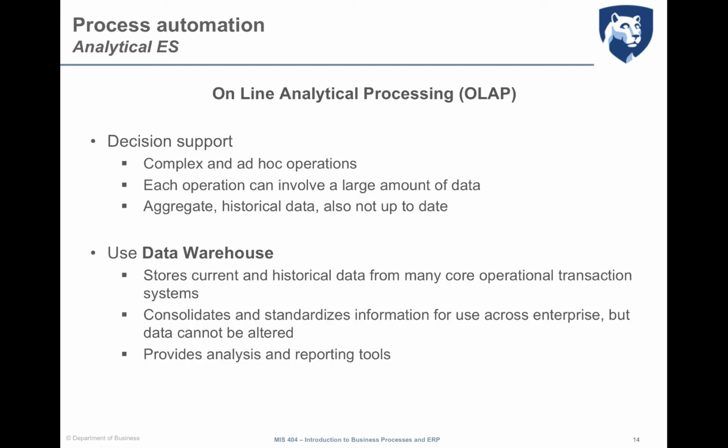This is very different if we compare the functioning of transactional enterprise systems to the functioning of analytical enterprise systems, which are also called online analytical processing, OLAP. These systems are all that we can define as decision support information systems. So all the systems that support complex decisions by providing aggregation and disaggregation of data coming from the transactional systems.